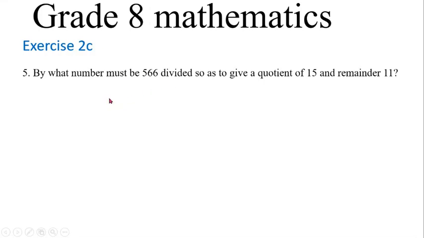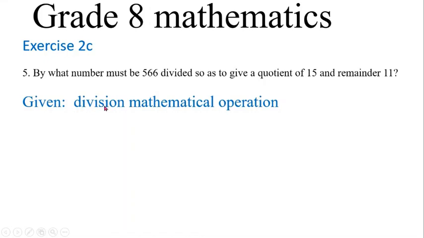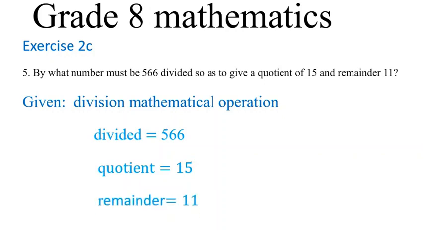Here we are given a division operation, the dividend is 566, the quotient is 15 and the remainder is 11. The required is the divisor.